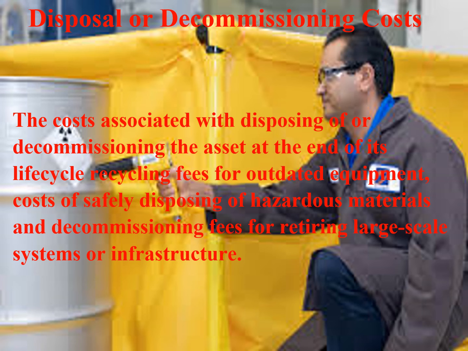So the cost associated with disposing of or decommissioning the asset at the end of its life cycle, like recycling fees for outdated equipment, cost of safely disposing of hazardous material, and decommissioning fees for retiring large scale systems or infrastructures.